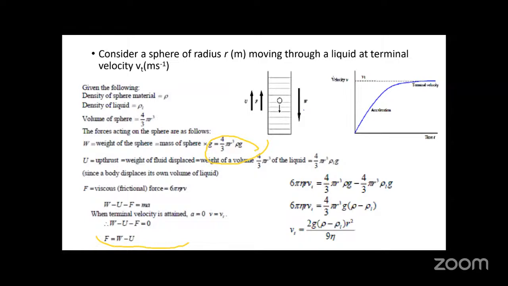So we are still going to have this expression: 4 pi r cubed, density of the liquid, and acceleration due to gravity. So we have that.